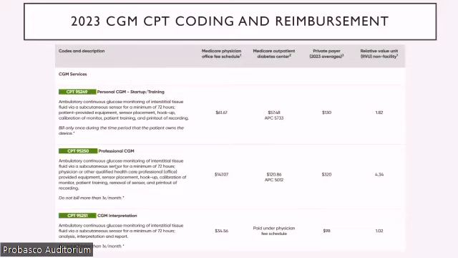If you have a professional CGM, you can charge for that, and then you can also charge for CGM interpretation, and you can charge for the CGM interpretation once a month. I know y'all are not as familiar with reimbursement and RVUs, but this is significant for what would be considered an add-on to a visit.